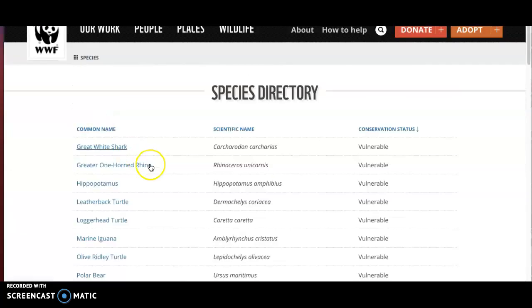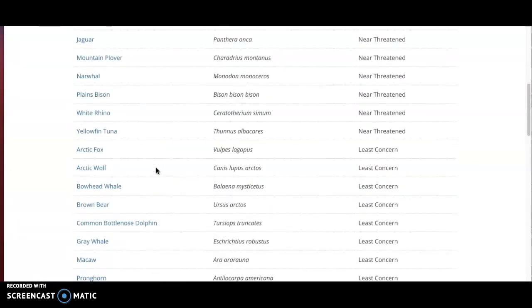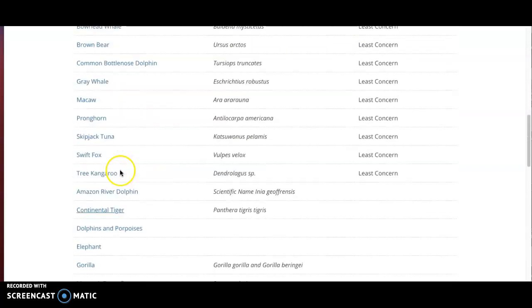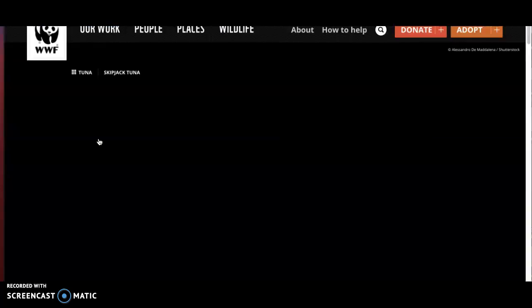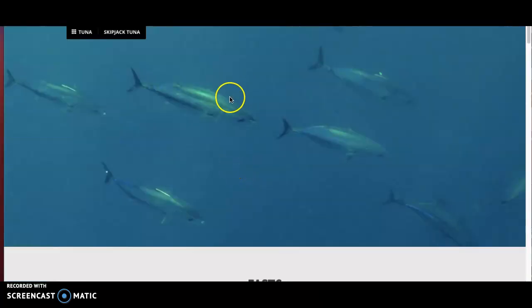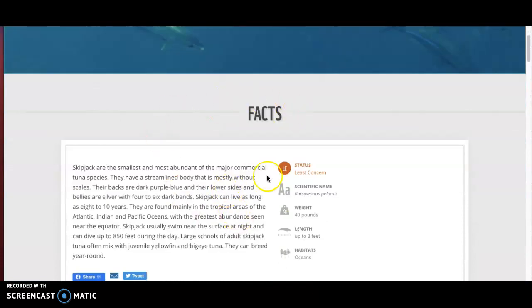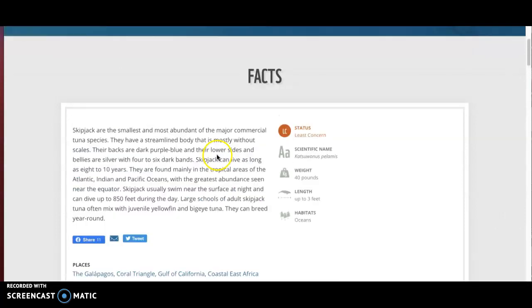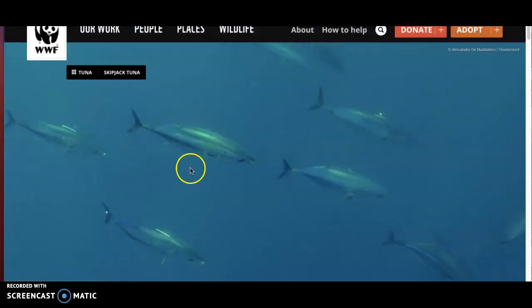This page has two full pages with it. So let's just say you want to do the skipjack tuna. They give you a little picture, they give you some facts about it.